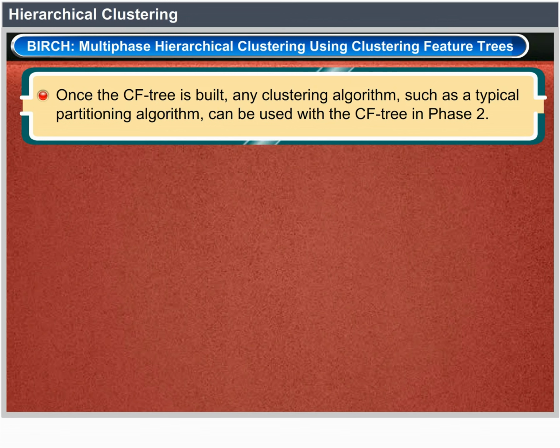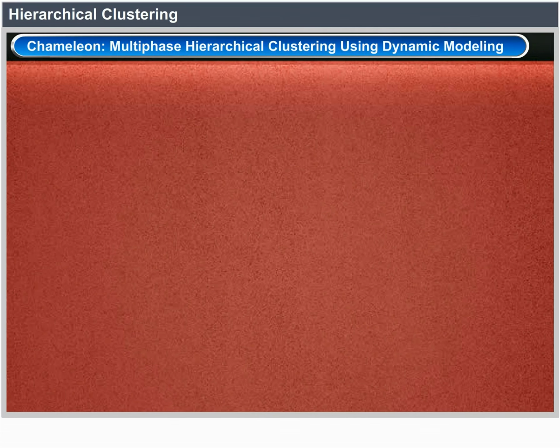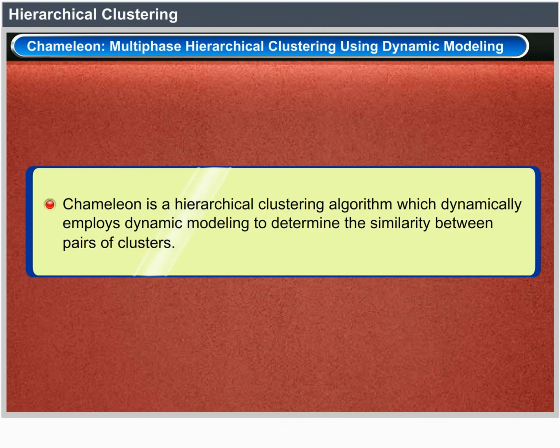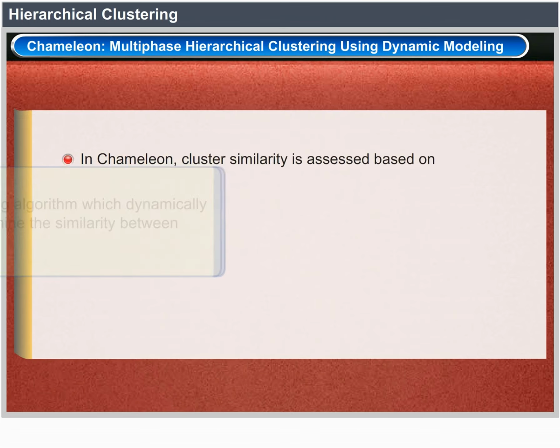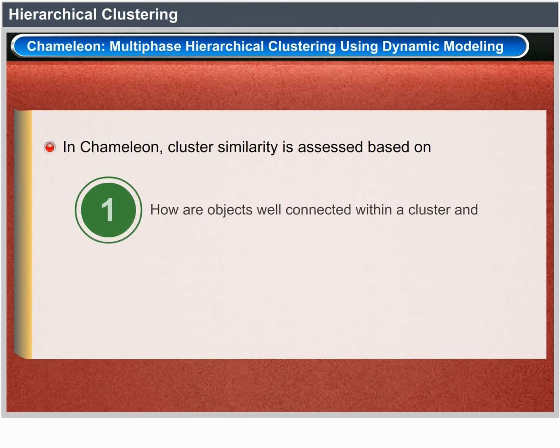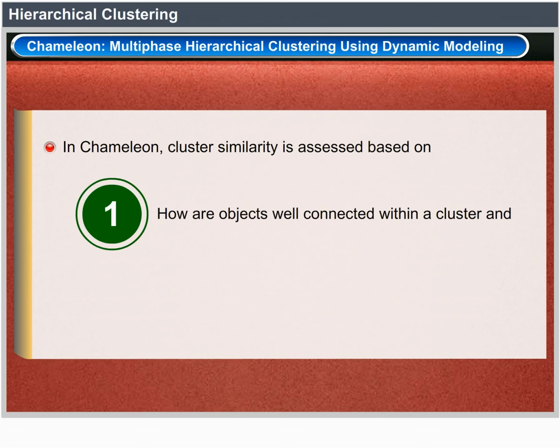Chameleon, multi-phase hierarchical clustering using dynamic modeling. Chameleon is a hierarchical clustering algorithm that uses dynamic modeling to determine the similarity between pairs of clusters. In Chameleon, cluster similarity is assessed based on how well connected objects are within a cluster and the proximity of clusters.